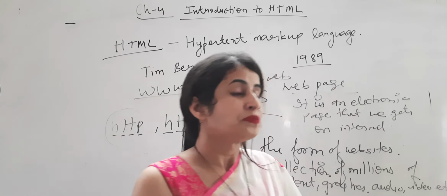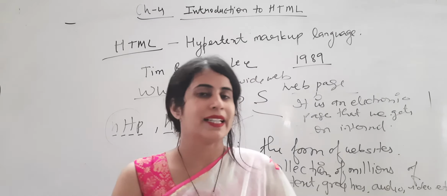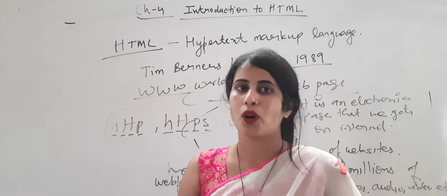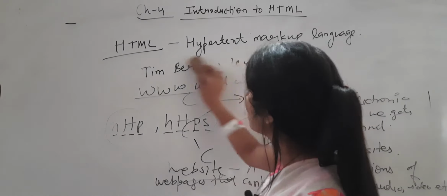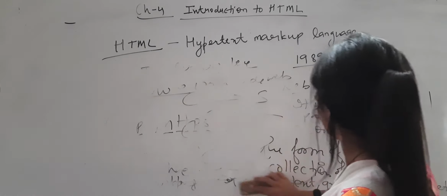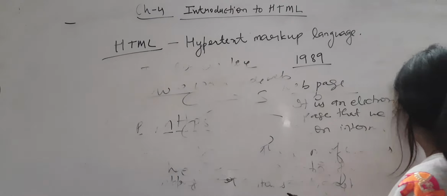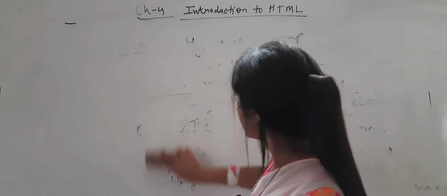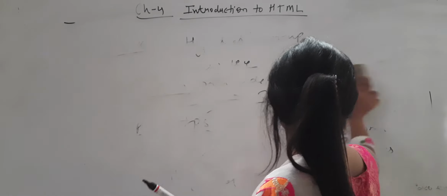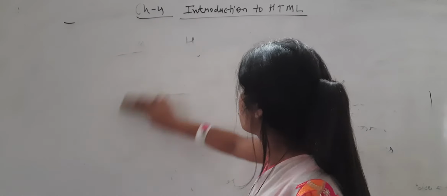Like our school website name is www.ratinternationalschool.co.in. It is a complete address of the website, and in another way it is also known as URL.